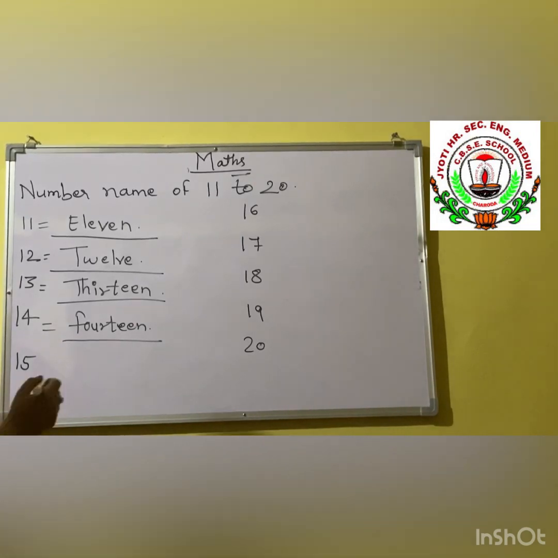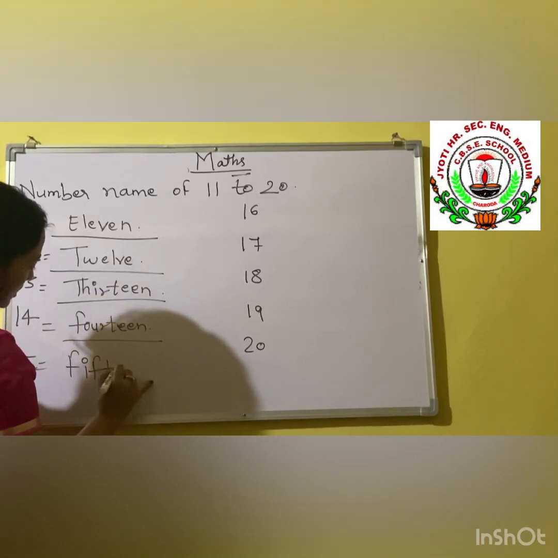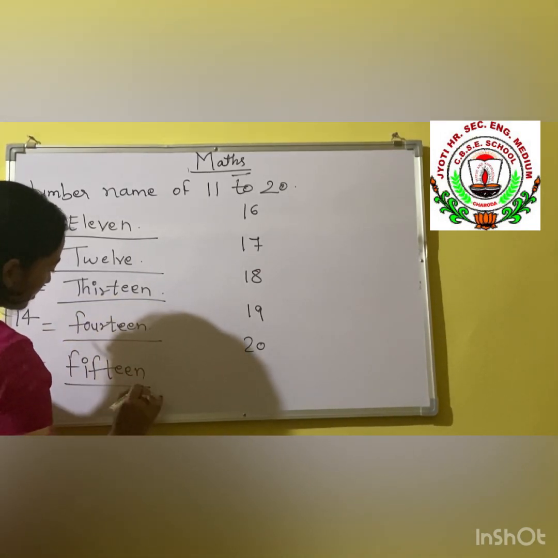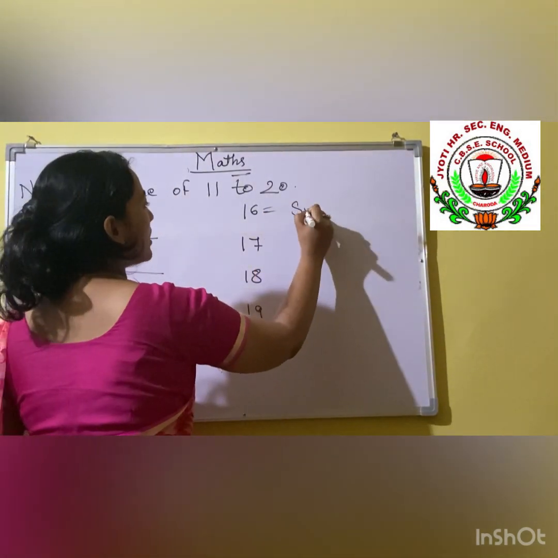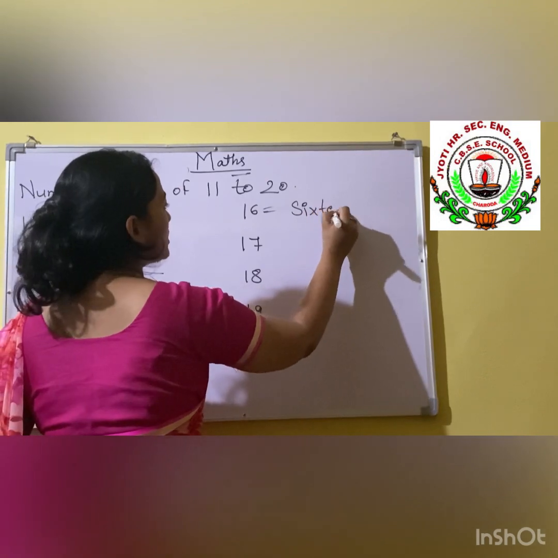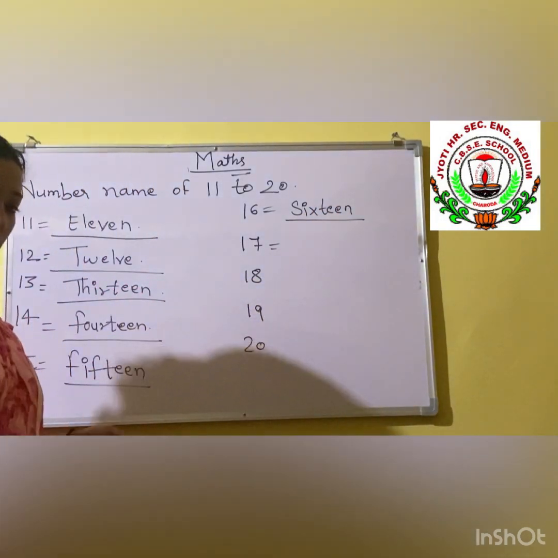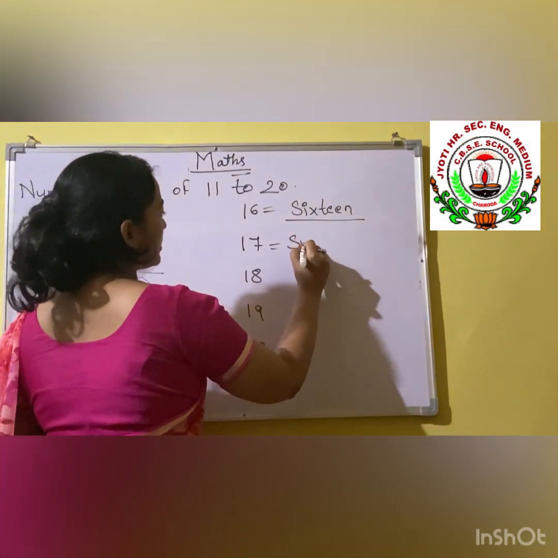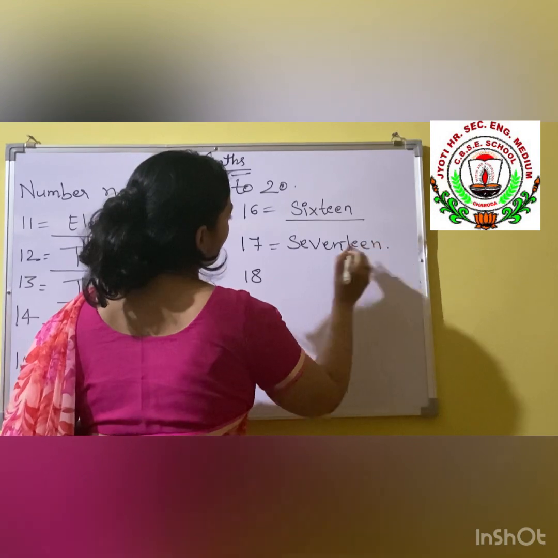The spelling of 15 is F-I-F-T-E-E-N. The spelling of 16 is S-I-X-T-E-E-N. The spelling of 17 is S-E-V-E-N-T-E-E-N.